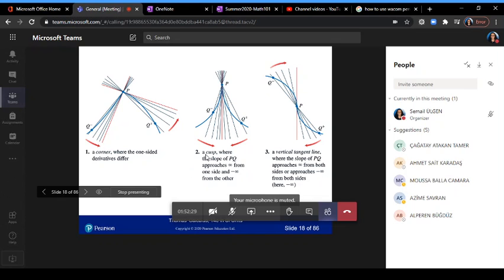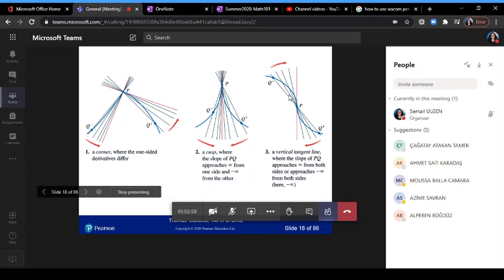So there's a difference between a cusp and a vertical tangent line. Here, the one-sided slopes have the opposite signs for the infinite values, but here the one-sided slopes have the same sign.